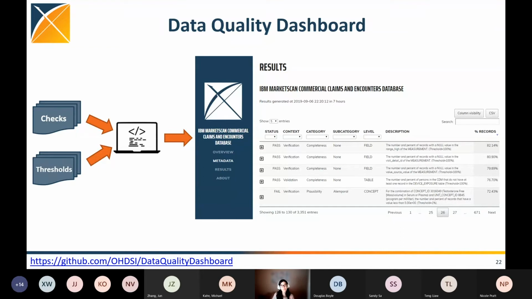So yes, right now it works on the OMOP CDM, but that's because I feed it the OMOP CDM schema. I list out all the tables and fields, literally in a CSV file, almost like an Excel file, where I just say, these are the tables, these are the fields, this is what you look for, and run these checks on these tables and fields.